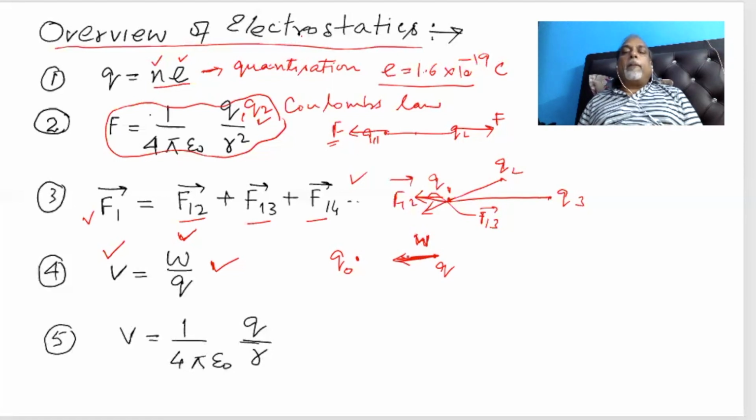Correct? So whatever work you are doing divided by the charge will give you V, here basically Q0, because V is independent of the charge. If Q0 is like this, at any point R, this will be V. We can define this V like this also.